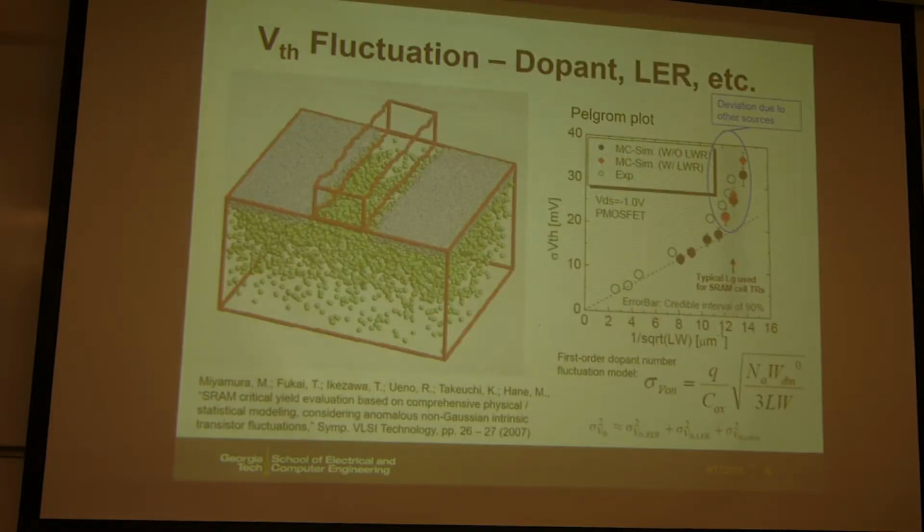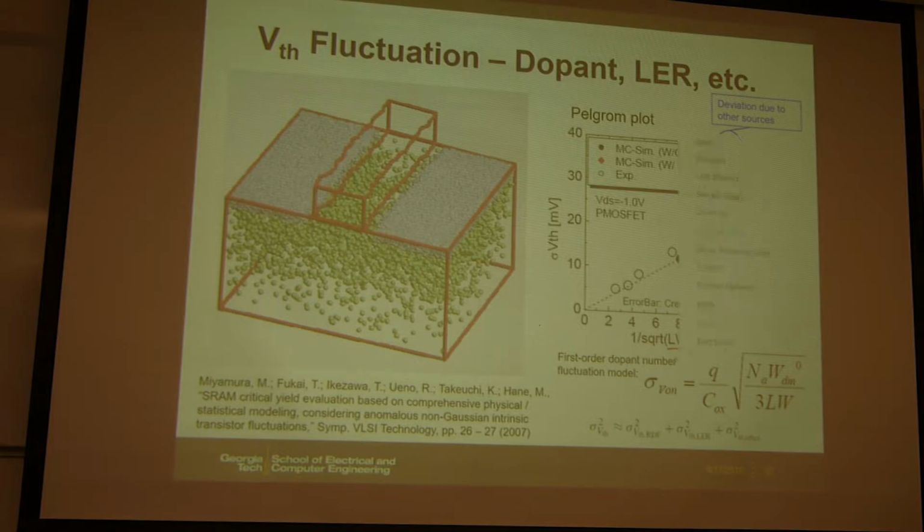Okay, so if you consider all of those effects, what you can measure is the sigma of the threshold voltage, and you can look at different device dimensions and different technology nodes, and plot this sigma VTH as a function of 1 over the square root of the area.